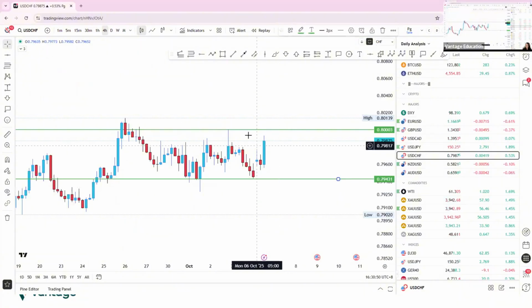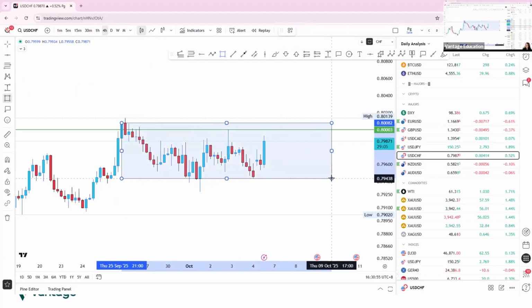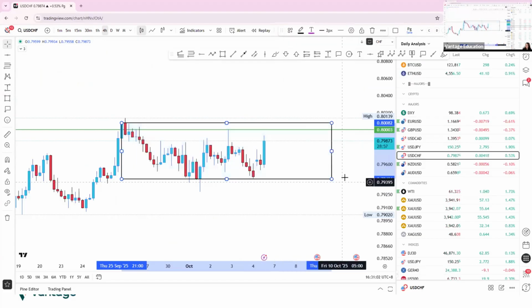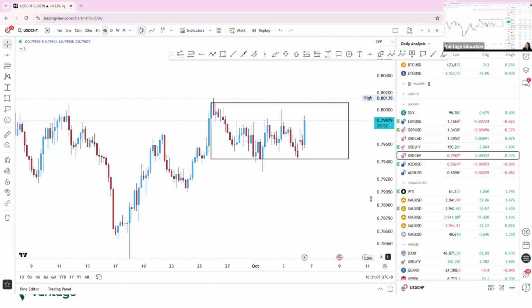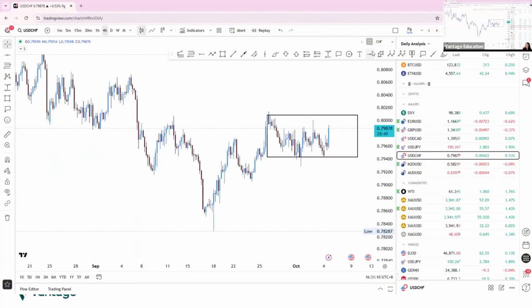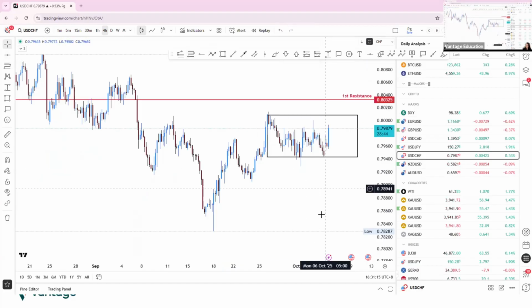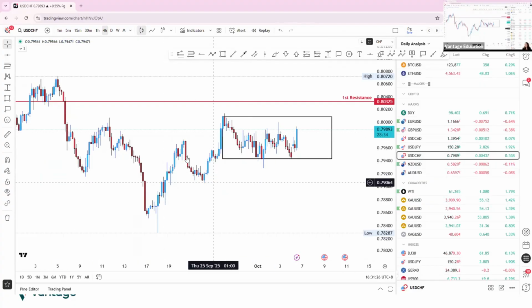Basically this is sideways at the moment for the USD CHF in H4. There is no signal from me, but I would highlight first resistance here.